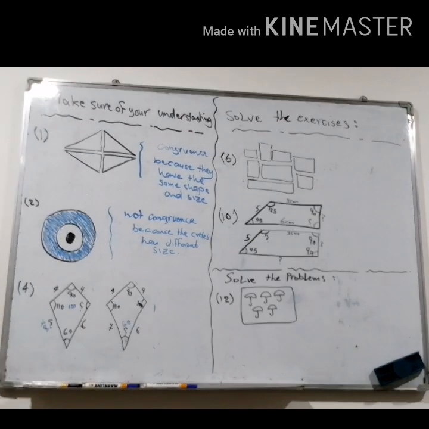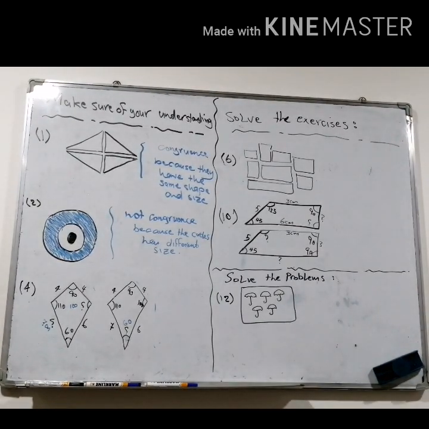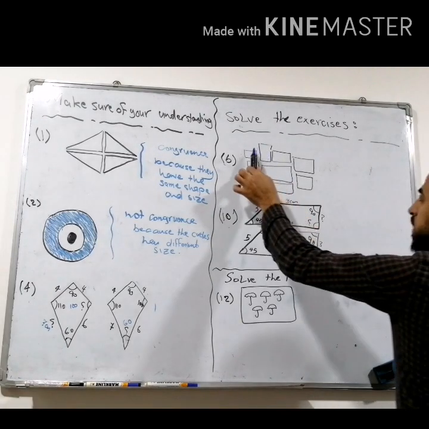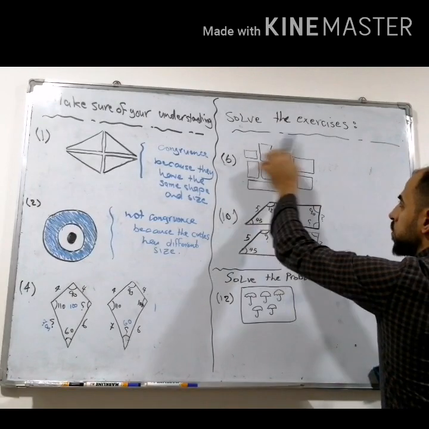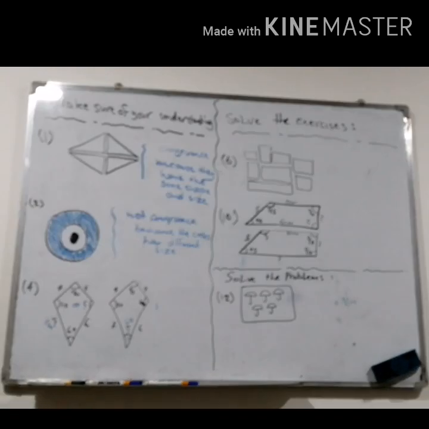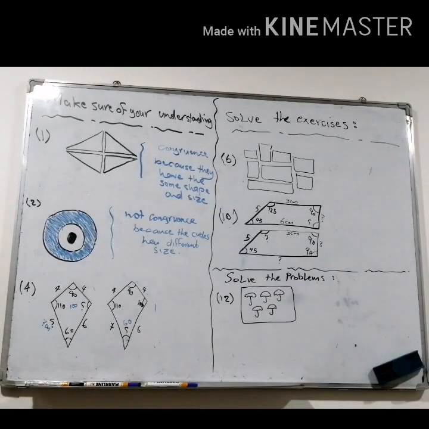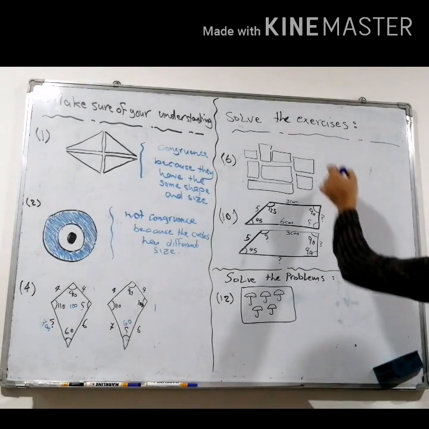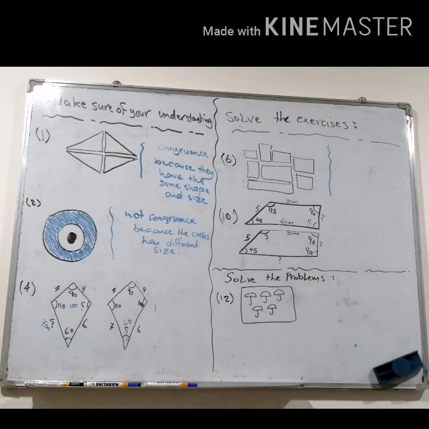Now we will solve the exercise. Question number 7, we have many shapes or many pictures on the wall. Are these shapes or pictures congruent or not? We know from the subject of congruence, any congruent shapes must have the same shape and the same size.